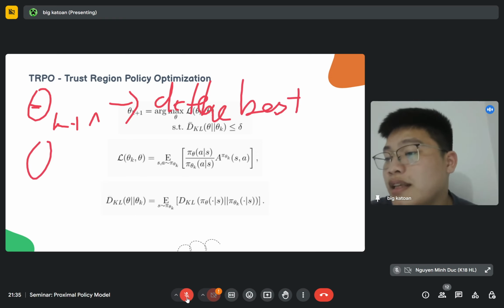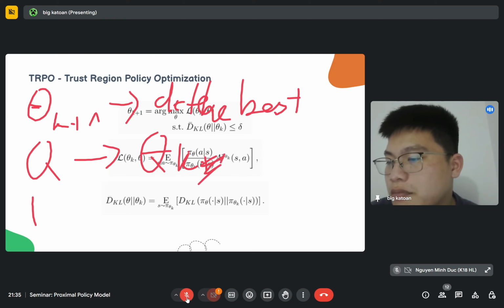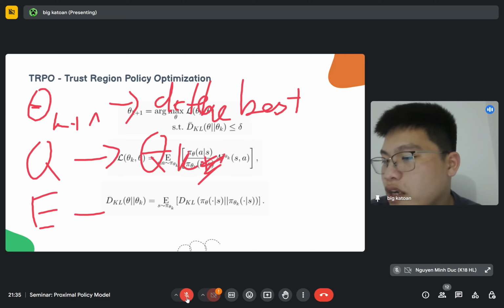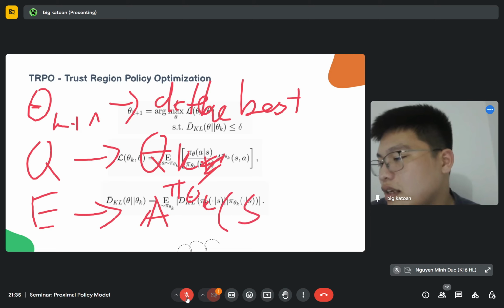The theta is trying to converge from theta k plus one to theta k, and the expected model is trying to converge to A pi theta k of s, a.